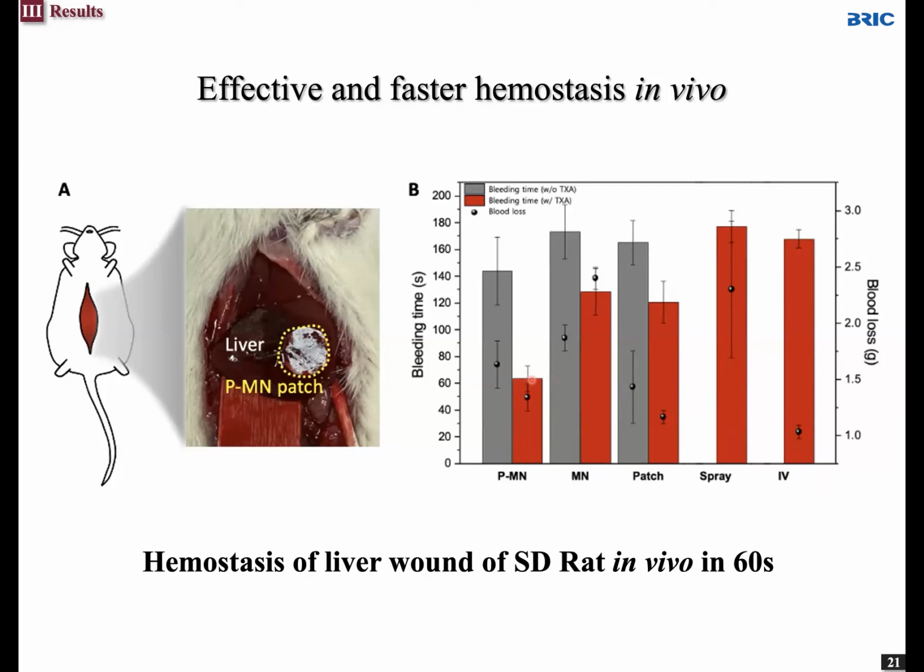So here we hypothesized that, unlike the other methods, the conventional microneedle patch and the droplet spraying here, it'll be inefficient in reducing the amount of blood loss because the applied drugs were mostly swept out by the excess amount of blood.